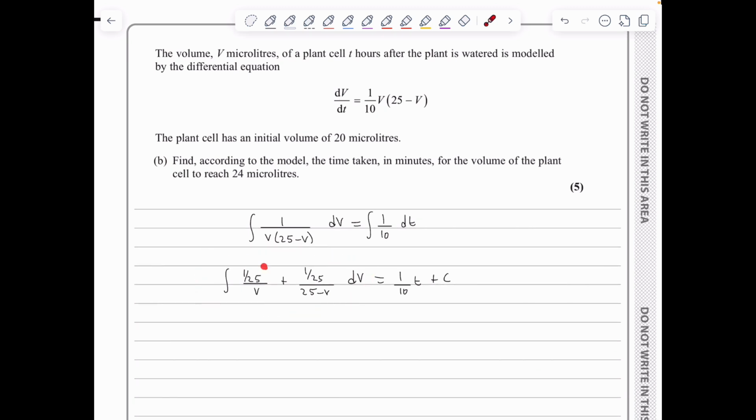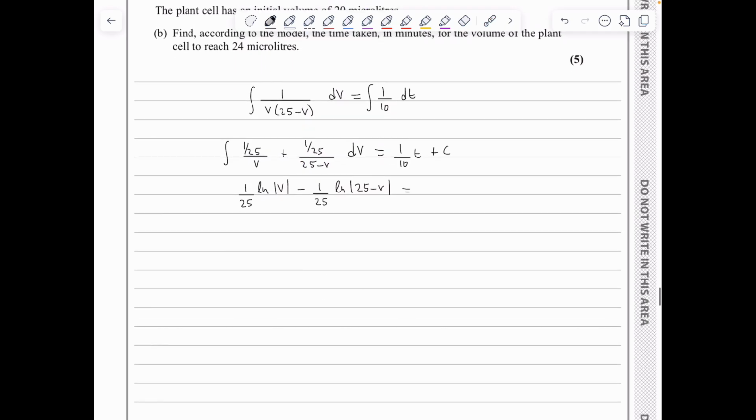The integral of 1 over 25 over v is simply 1 over 25 ln of the absolute value of v, and then the integral of 1 over 25 over 25 minus v, it's going to be minus 1 over 25 ln of the absolute value of 25 minus v. Now the negative sign is coming out of the derivative of 25 minus v, which is negative 1, and all of this is equal to 1 over 10t plus c.